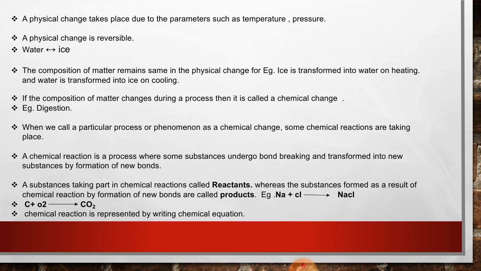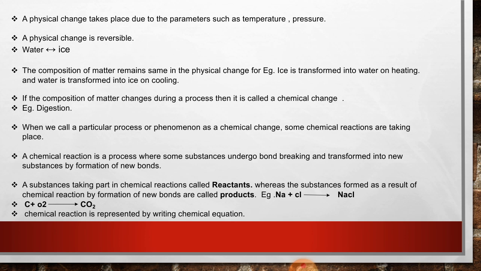After combining the reactants, we get proper food, that is the product. Sodium plus chlorine gives sodium chloride, NaCl. Carbon plus oxygen gives CO2, carbon dioxide. So carbon and oxygen are reactants, and CO2 is the product.